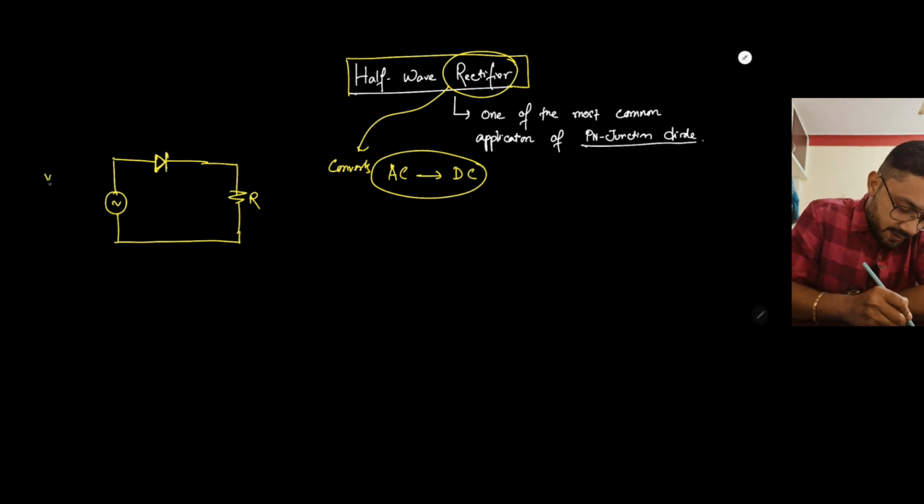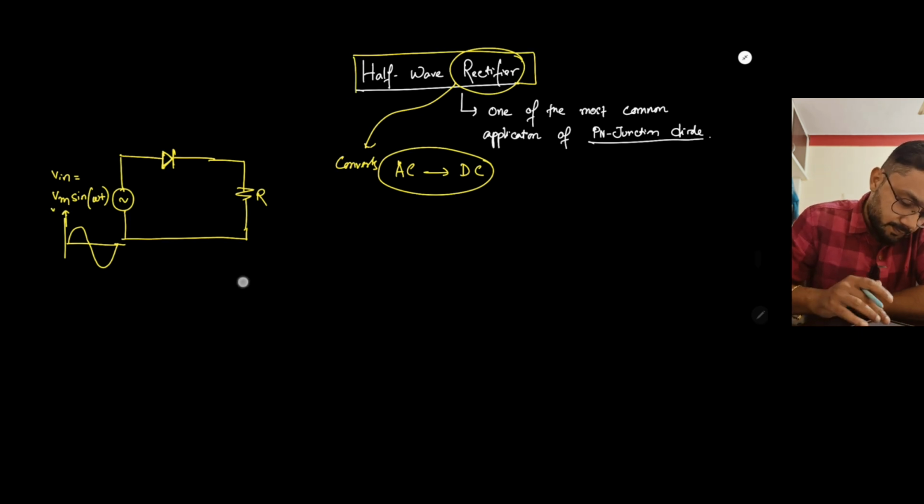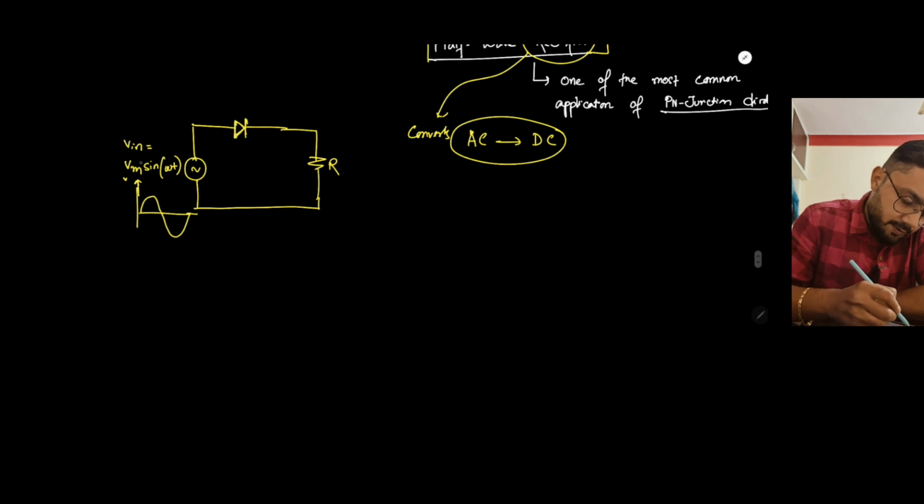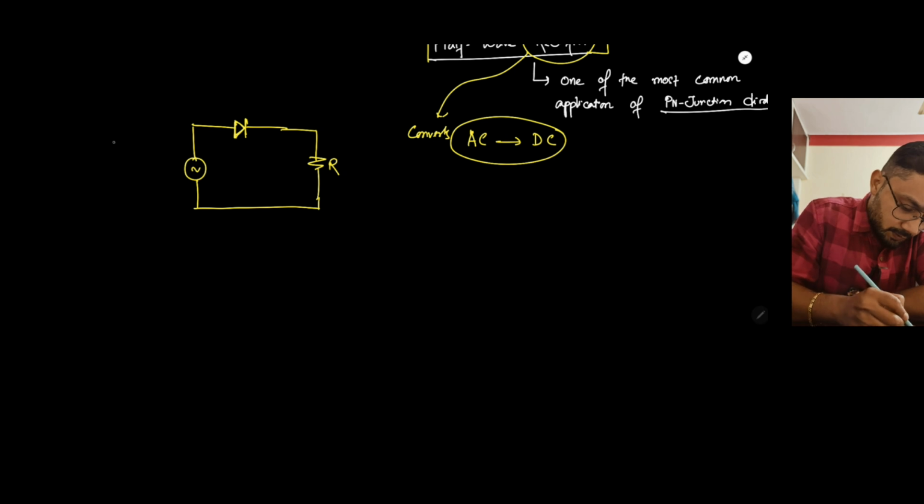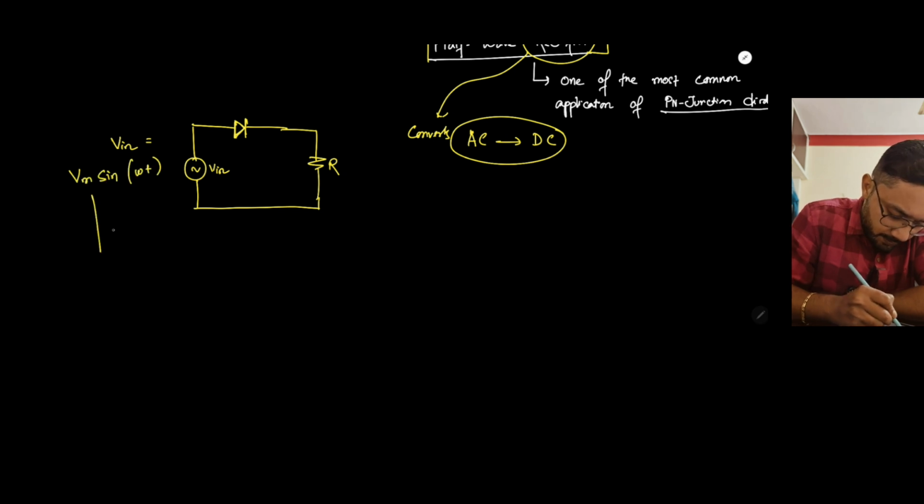Suppose the input is now an AC, denoted as Vm sine omega t. Suppose this is the AC input voltage. Let me draw it a little more clearly.